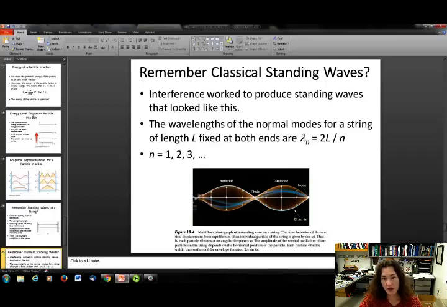The wavelengths for the normal modes for a string are lambda equal to 2L over n, and that's exactly what we said it was for the particle confined to the infinite square well. So there's a one-to-one analogy between the classical wave on a string confined at both ends and the quantum particle in the infinite square well.